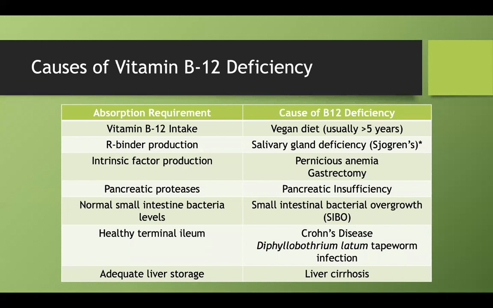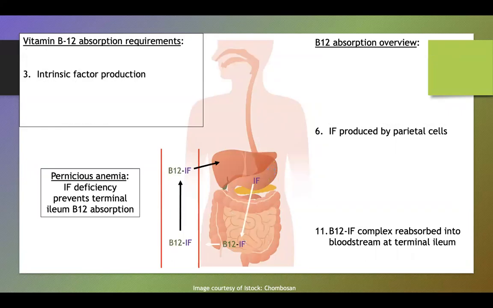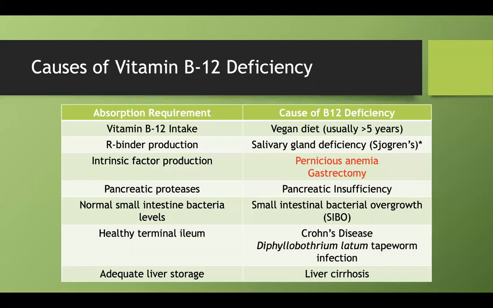I also talked about the causes of B12 deficiency. I just want to briefly go over some of the important ones. We have pernicious anemia, or if you have a gastrectomy, you might have deficient intrinsic factor production. So on this slide here, if you imagine you don't have enough intrinsic factor, then B12 can't even get through because it needs this B12-IF complex to be reabsorbed in the terminal ileum, and you get a deficiency.